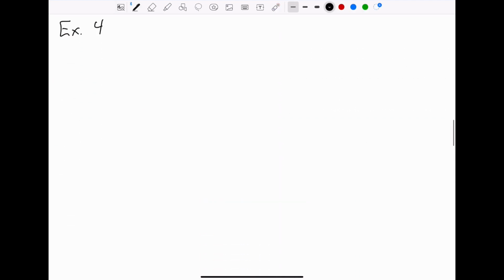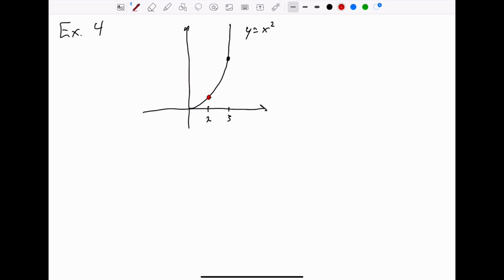So first thing we want to do is to graph what this looks like. So here's y equals x squared. My scale is going to be a little bit off, but we want to be able to visualize what this graph looks like. And we'll take a better look using some graphing software so that we get a more accurate picture when we've solved the problem. So here's x equals 2, here's x equals 3, so we're taking this portion of curve from 2 to 3, and we're spinning this around the y-axis now.